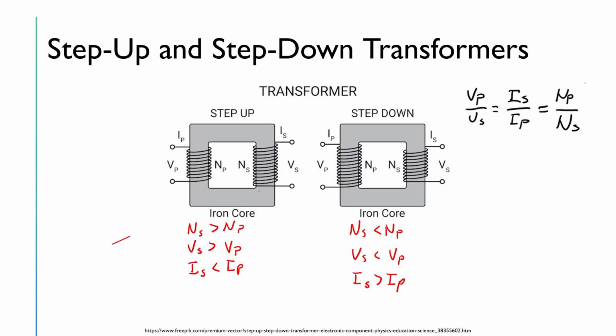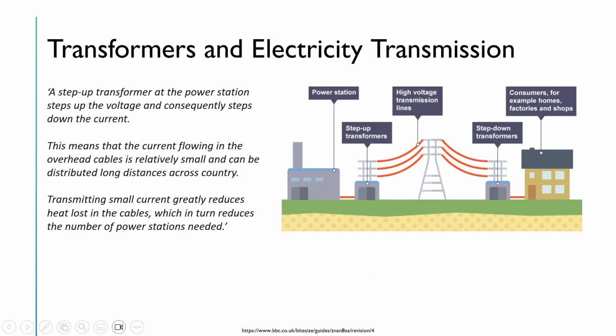Now, depending on the situation and scenario, there could be appropriate times to step up or appropriate times to step down. When we look at electricity transmission, we need scenarios where both things are happening. At a power station, we generate electricity, and when we use our high voltage transmission lines, which carry electrical energy over extremely large distances, we use step-up transformers to increase voltage and decrease current.